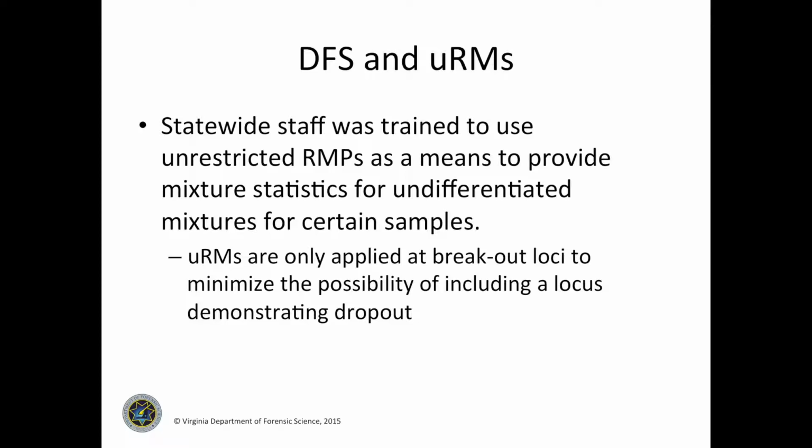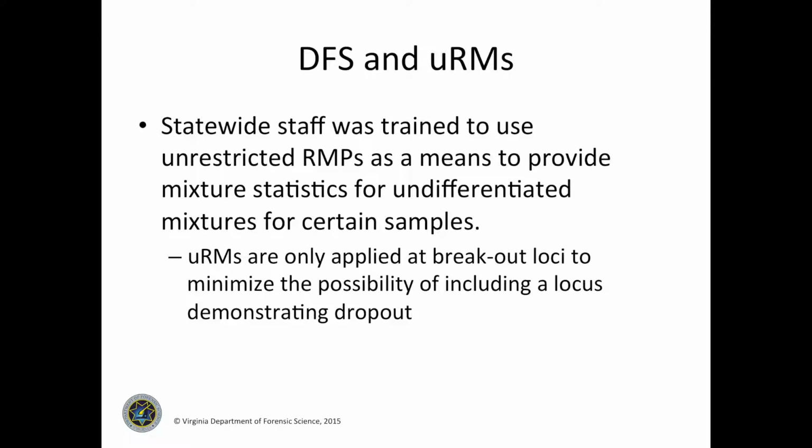When we calculate unrestricted random matches, they are only calculated at what we call breakout loci. So if we've assumed a 3-person contributor, we will only apply URMs where we see 5 or 6 alleles. If it's an assumed 2-person contributor, we'll only apply URMs where we see 3 or 4 alleles.